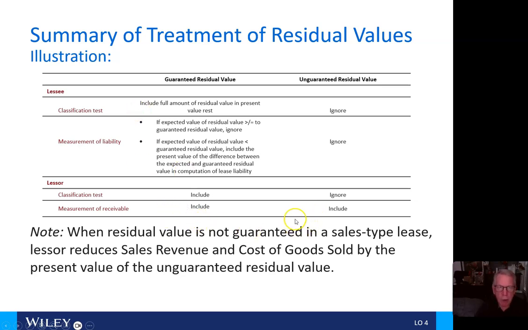But under the unguaranteed residual value, we'll ignore the classification test and include the measurement of the receivable. One note here: when residual value is not guaranteed in a sales type lease, the lessor will reduce the sales revenue and cost of goods sold by the present value of the unguaranteed residual value, as we had shown earlier.